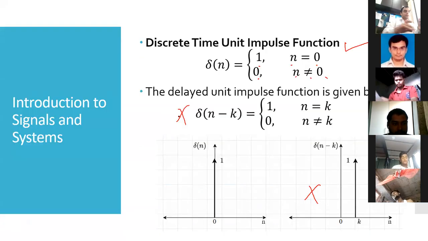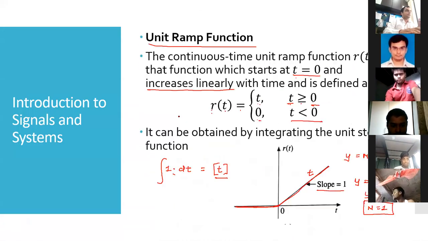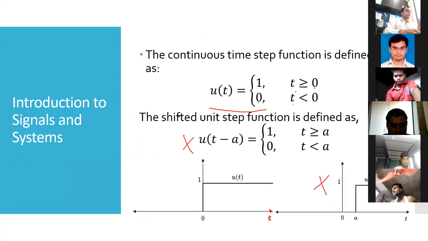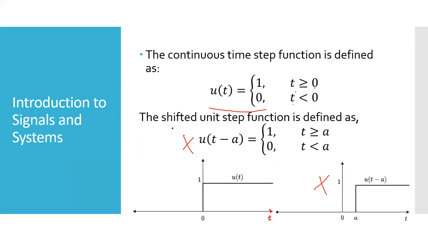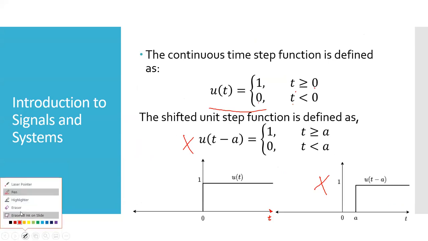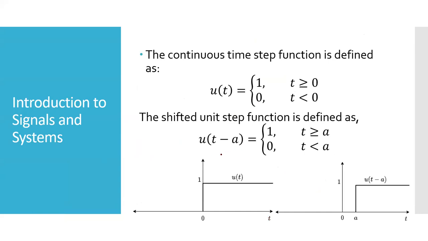First is u of t minus a. So that's why I told all of you not to draw it. The u of t minus a is the shifted unit step function. The shifted unit step function means that if it is t minus a, then it is shifted by a.